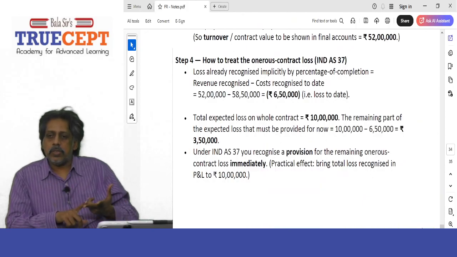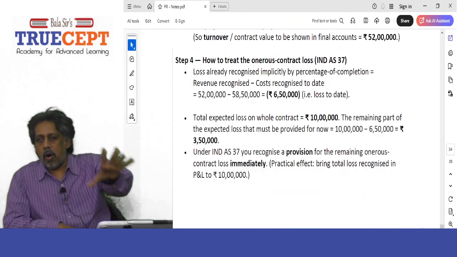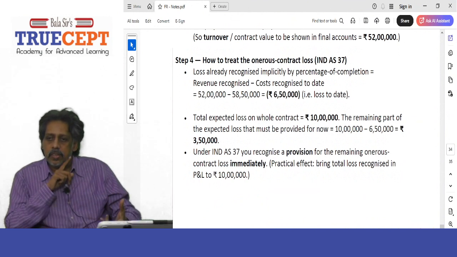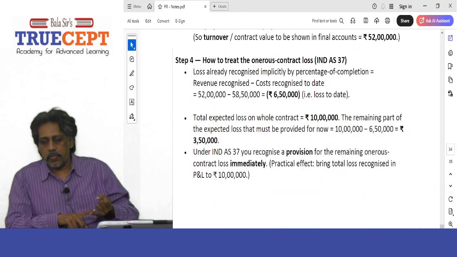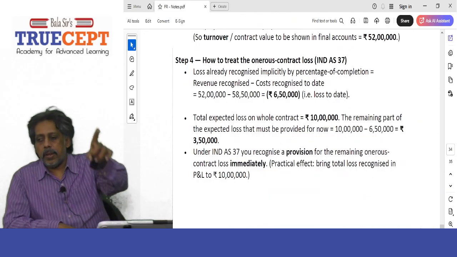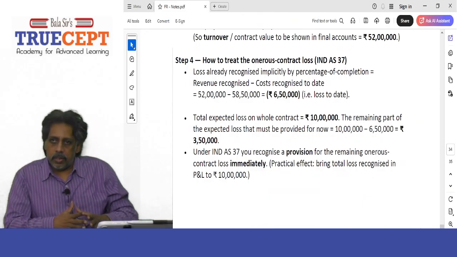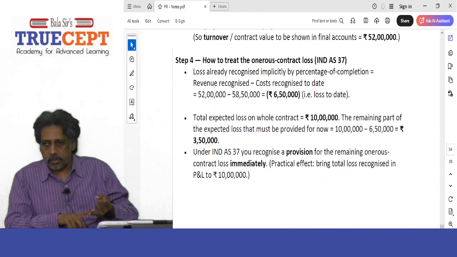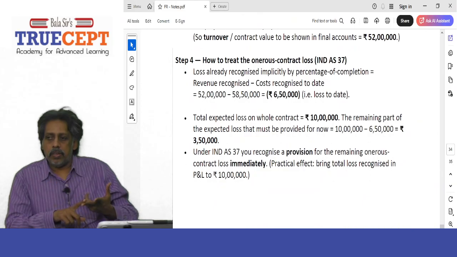And that provision is nothing but a provision for an onerous contract where the cost exceeds the benefit. Is that fine? Yes, sir. And that provision should be made applying IND AS 37 on provisions, contingent liabilities and contingent assets. That is the title of the standard.